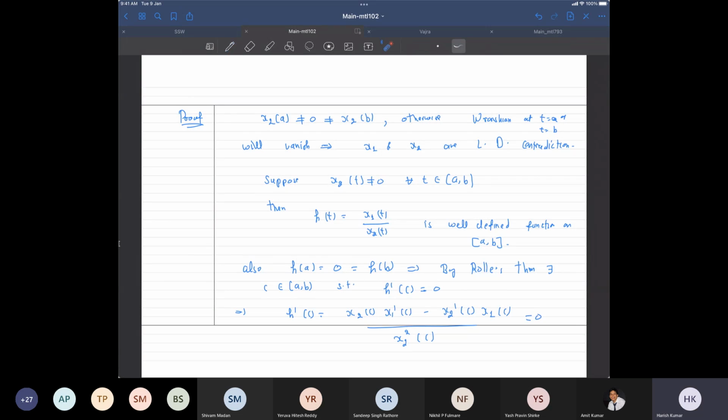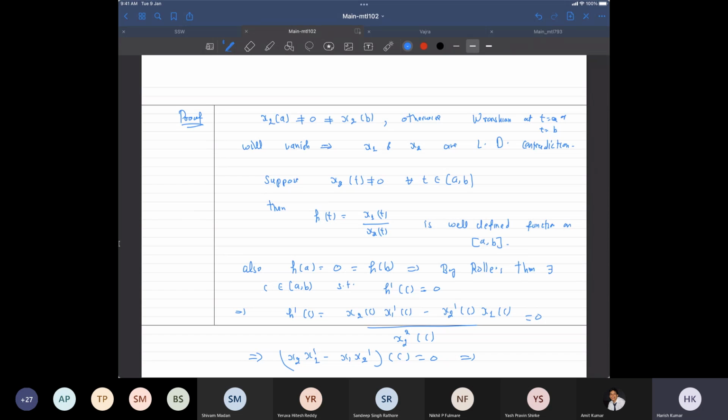Now, the denominator is never equal to 0, so the numerator will be 0. So this implies x2 x1 prime minus x1 x2 prime evaluated at c is equal to 0.